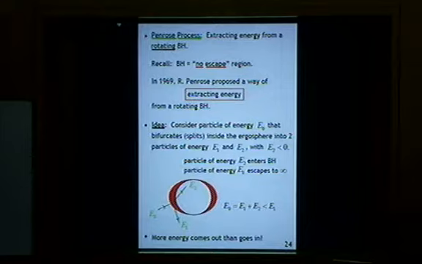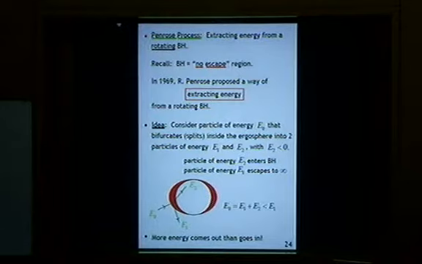Now, the one who goes inside, he said, should have energy E2 negative. Now, by conservation of energy, E0 is E1 plus E2. E2 is negative, so the right-hand side is less than E1, so E1 is bigger than E0. So you're getting more energy out than you put in.